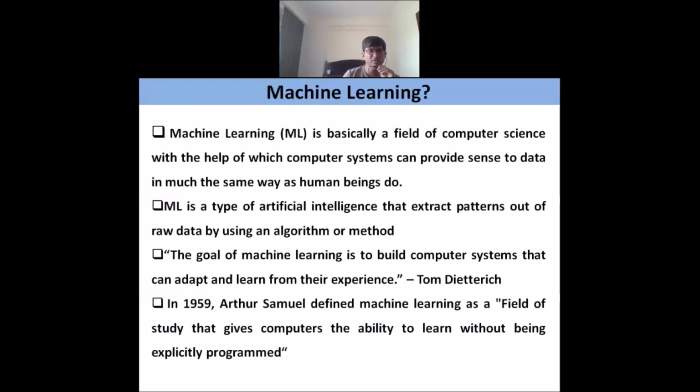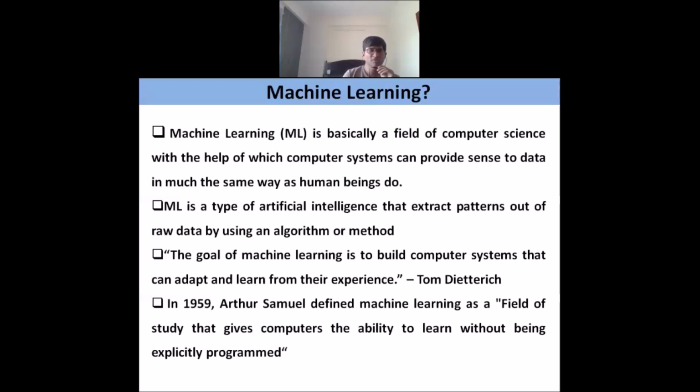What does that mean? When we say we have to program a machine, it needs a set of instructions, right? And the machine is going to behave exactly in the same manner on the basis of whatever instructions have been given to that program or system. That defines the static behavior of the machine.